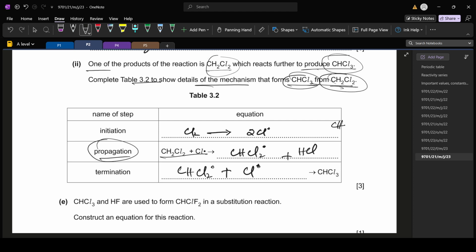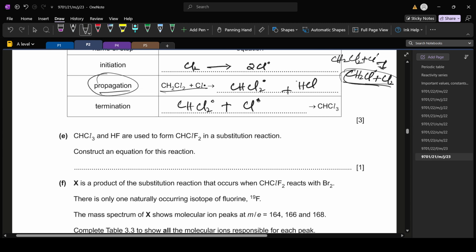CH2Cl plus a chlorine free radical would also have formed, but you cannot write this equation because that's not included in the mechanism of formation of this CHCl3.